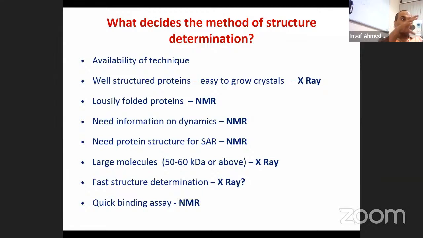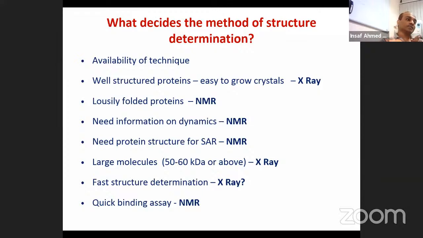In that, all molecules are fixed in a proper manner, which is the reason it forms the crystal. Because they are fixed with each other, there is no space for them to move, so you cannot get dynamic information. If you want dynamic information, the best option is NMR because you perform it in solution.